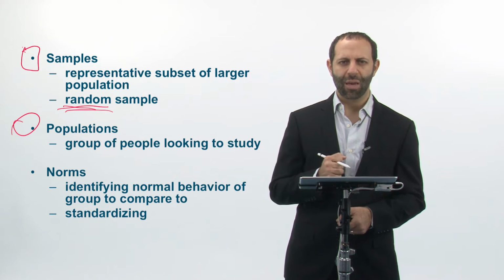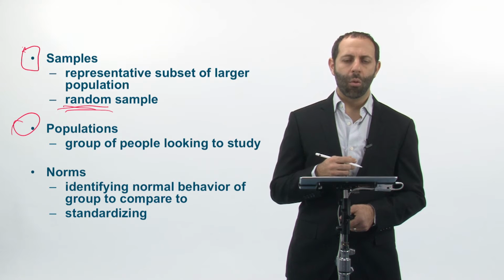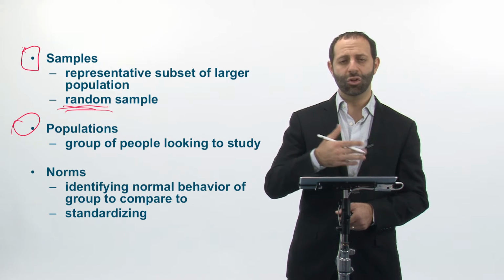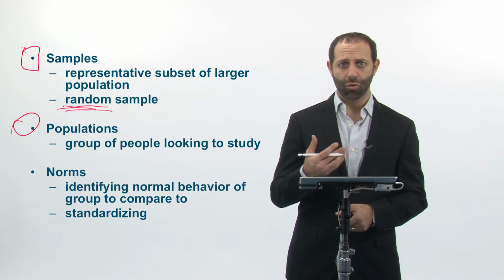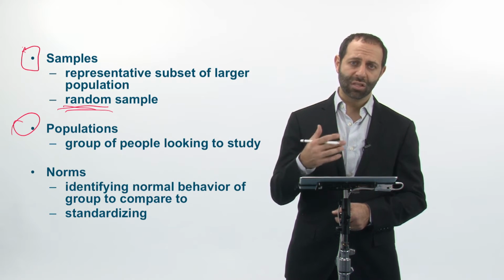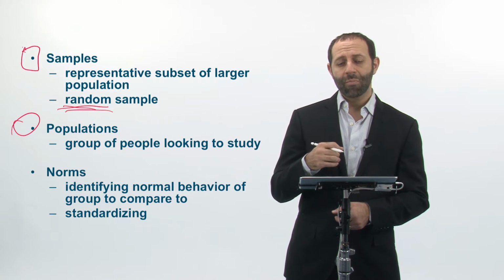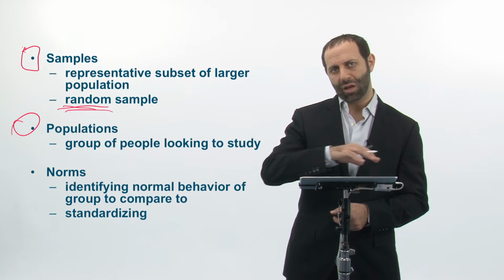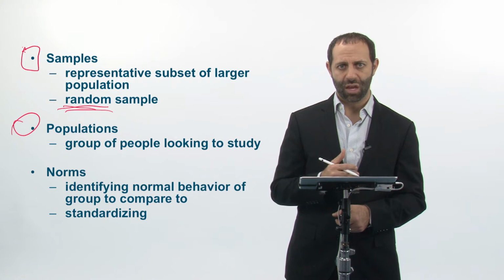So just by brief example, if I want to know the average intelligence level of a college. I teach at a college called Baruch College in New York City. And if I wanted to know the intelligence level of the Baruch College student, if I went out to take a sample of all of the students in my class, I teach a class of 400 students at times.